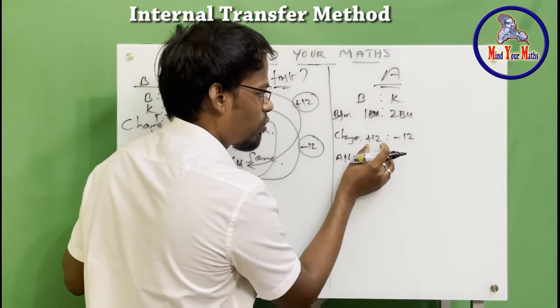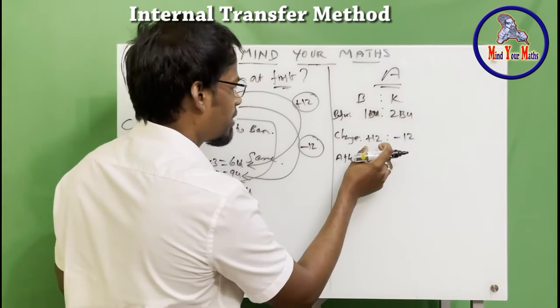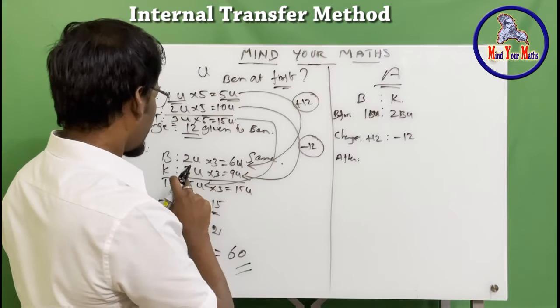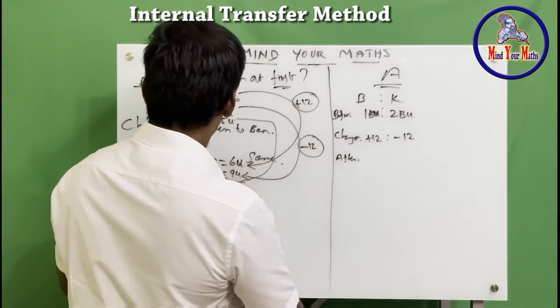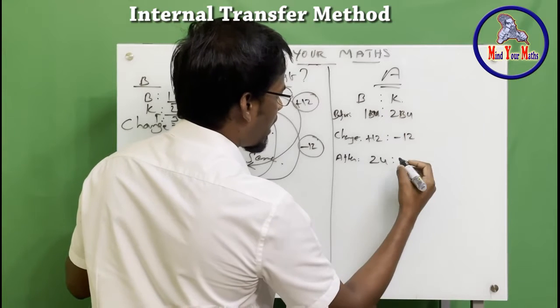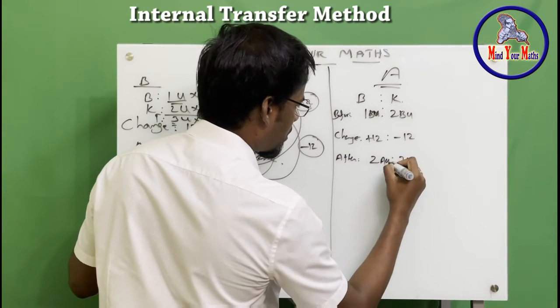Here it is plus 12, right? And then after this change, as per the problem, it became 2 and 3. So Ben now had 2 units, but Kumar had 3 units. Let's use after unit.